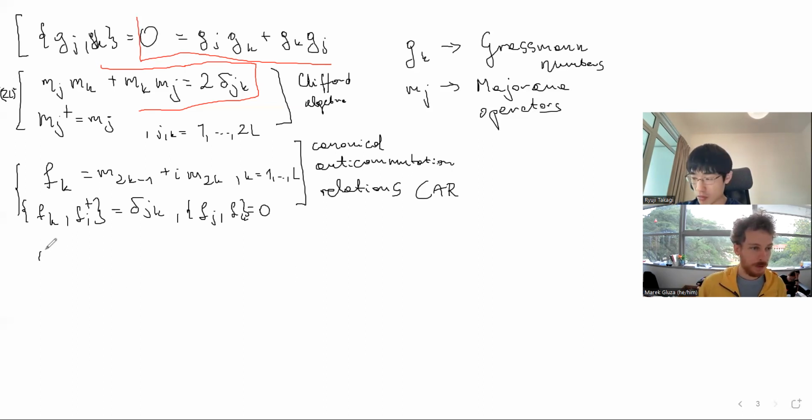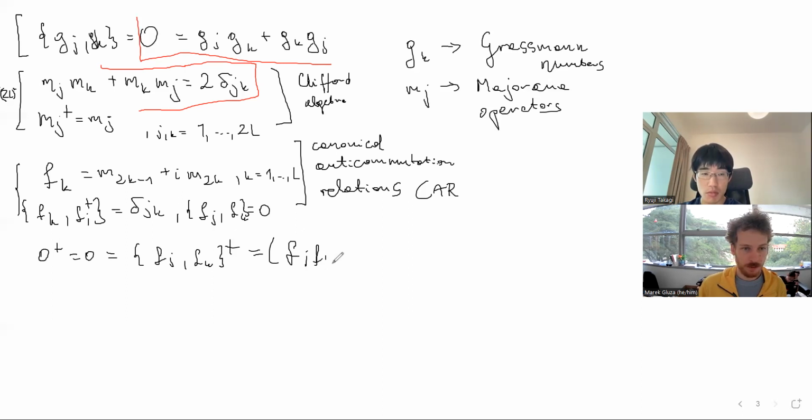First of all, what I can do is the adjoint of 0 is 0. So let's look at what happens if I take the dagger of the anti-commutator. That's nothing else than (f_j f_k + f_k f_j) dagger. And I view them as matrices.